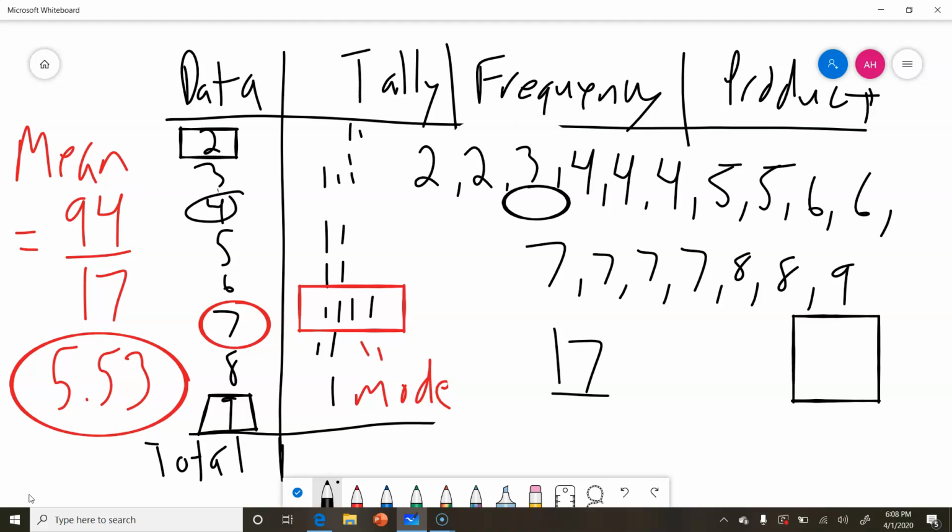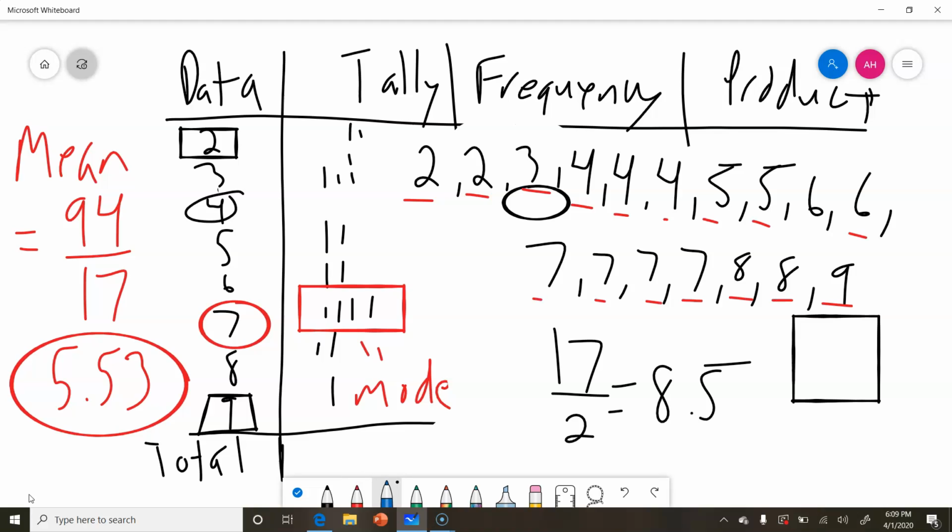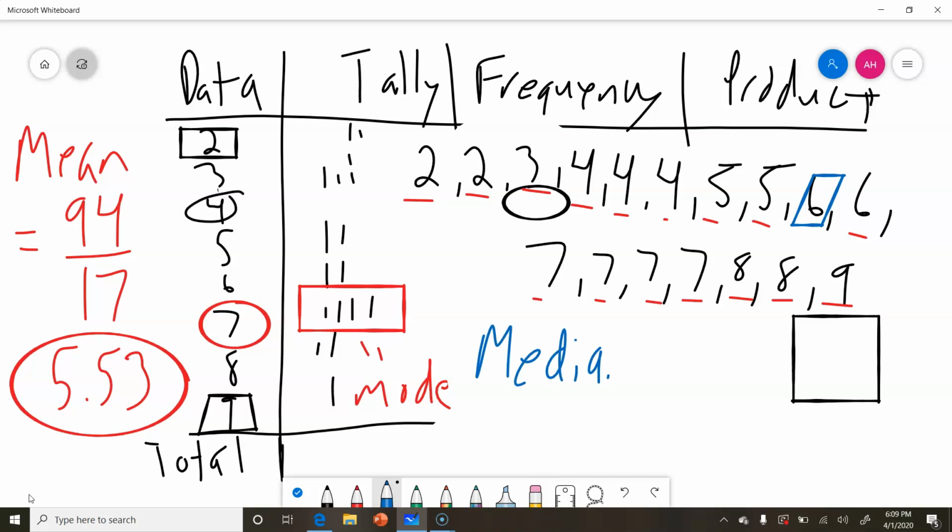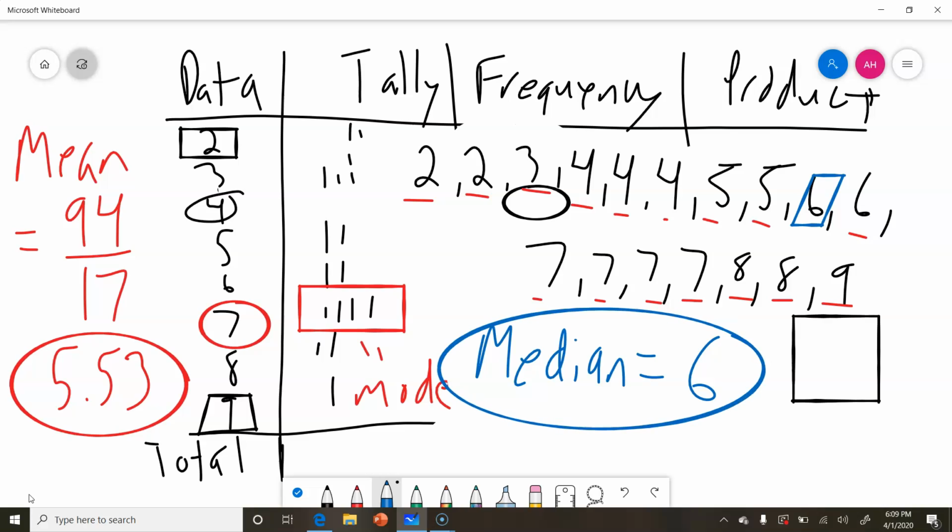Does everybody see this? 17 divided by 2 is 8.5, so there's going to be 8 on each side. I count 8 on each side, and my middle term is that 6. So the median equals 6. If you need to pause, go ahead and pause.